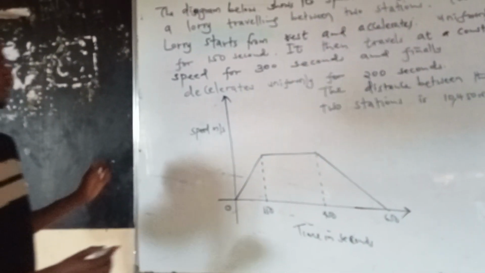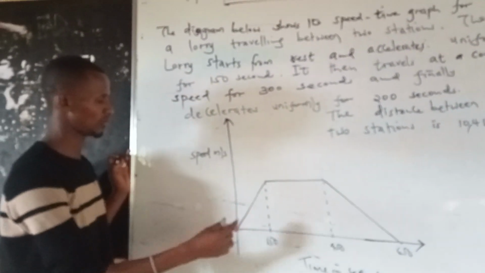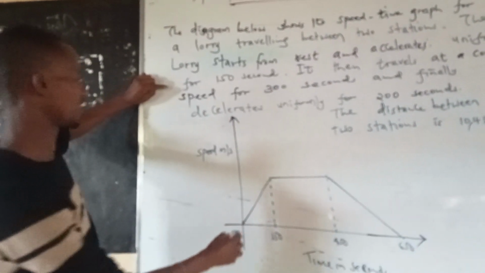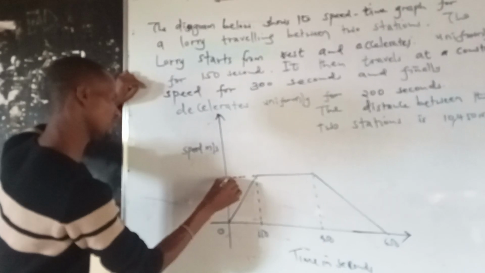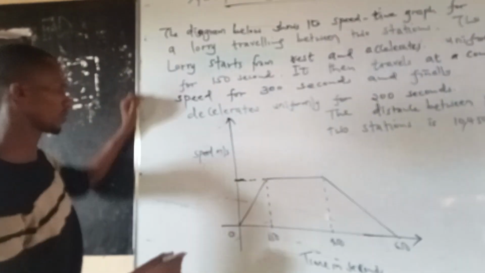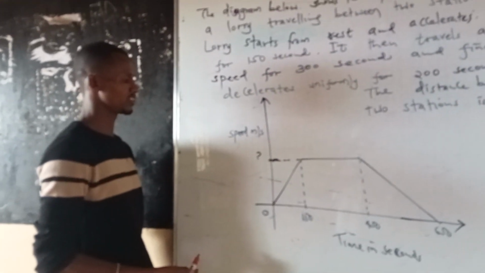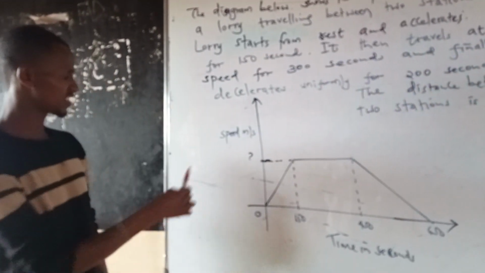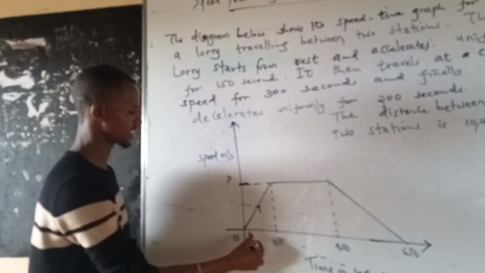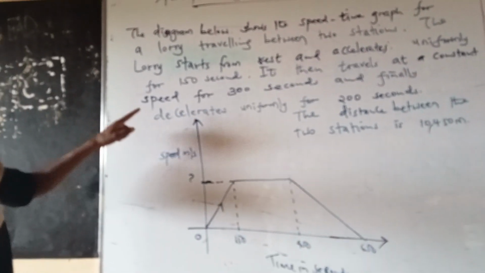You are told that the vehicle accelerates uniformly, or the speed increases gradually from zero for 150 seconds. We do not have the maximum velocity that the vehicle attained. We are just told that it increased gradually for 150 seconds to this point, and then it travels at a constant speed.